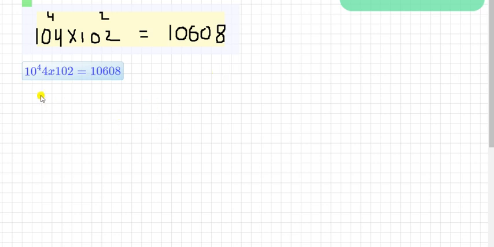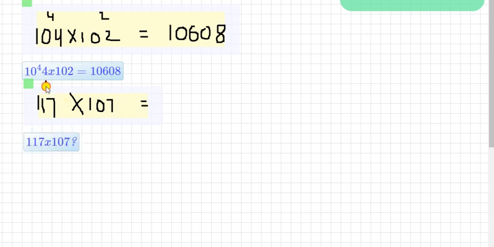I will take one more number, 117 multiplied with 107. Here 117 minus 100 is plus 17, and 107 minus 100 is plus 7.